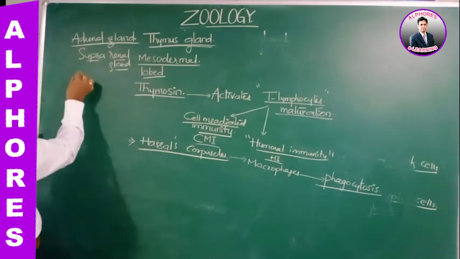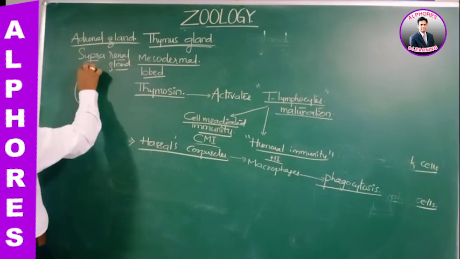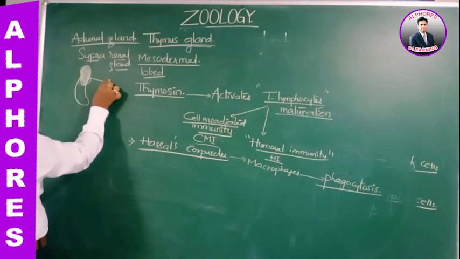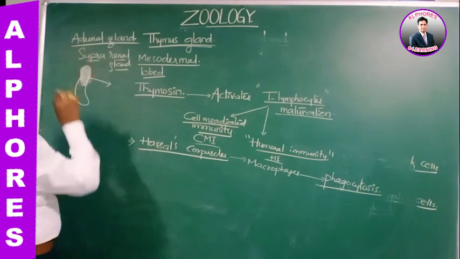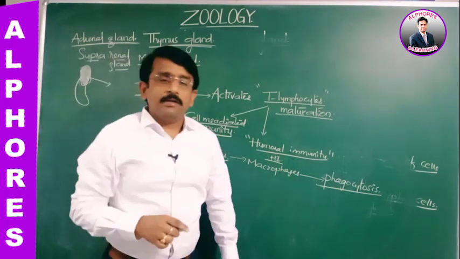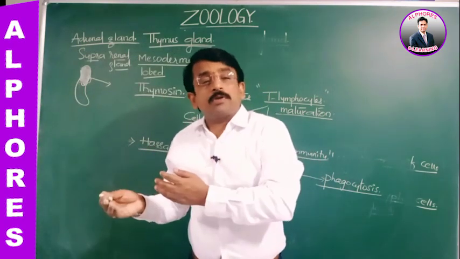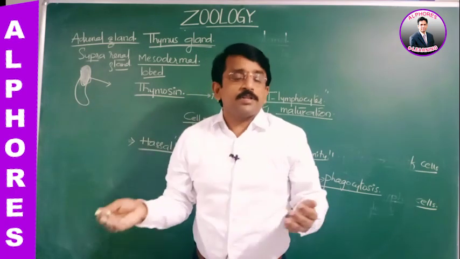It means above the kidney, the adrenal gland is present. Hence, it is named the suprarenal gland. And as the kidney has two regions, cortex and medulla, the adrenal gland also has a cortex and medulla.